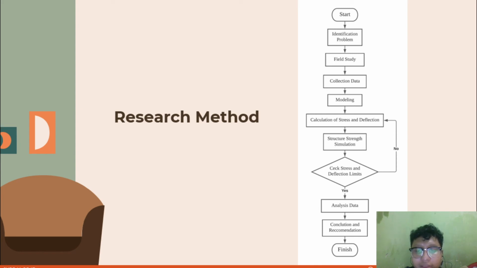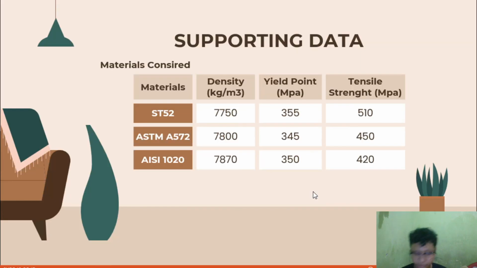If the design fails at load, the process will go through modification and return to static analysis again. We carry out this to select a strong and suitable material for the Sehook. The selection will be based on the strength of the product. This is supporting data. These are the materials considered: ST52, ASTM A572, and AISI 1020.